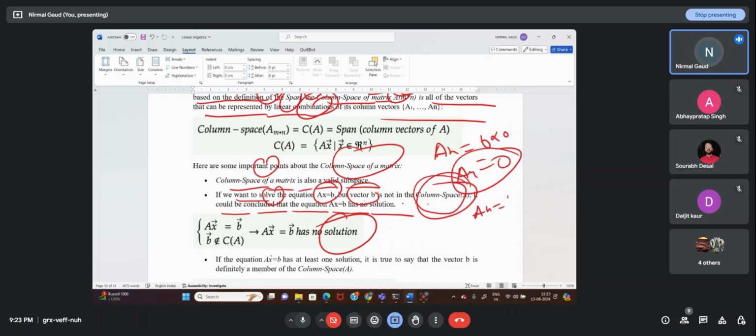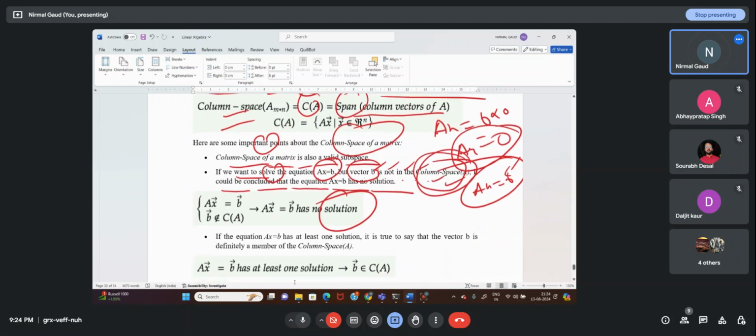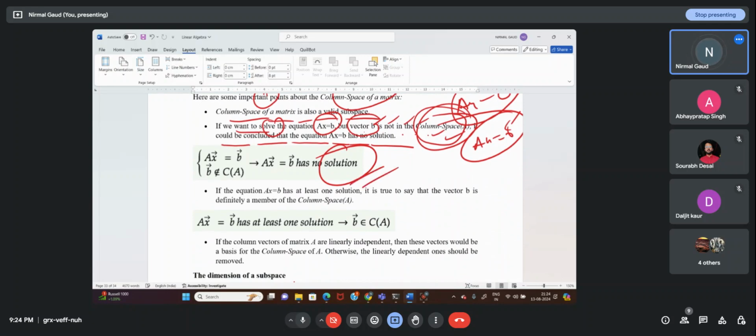If Ax equals B, and B is not present in the column space, which is the span of the column vectors, then there is no solution. If B is present in the span, then it is fine.